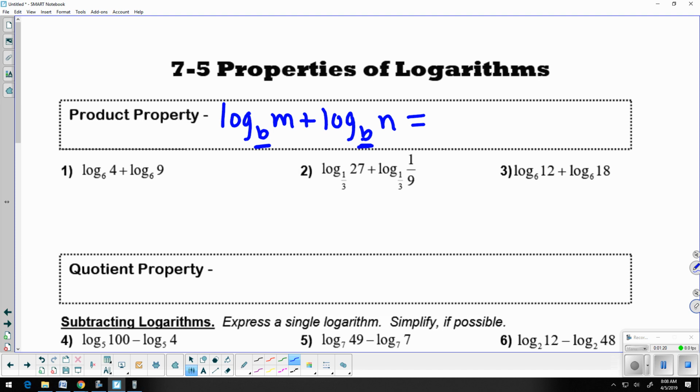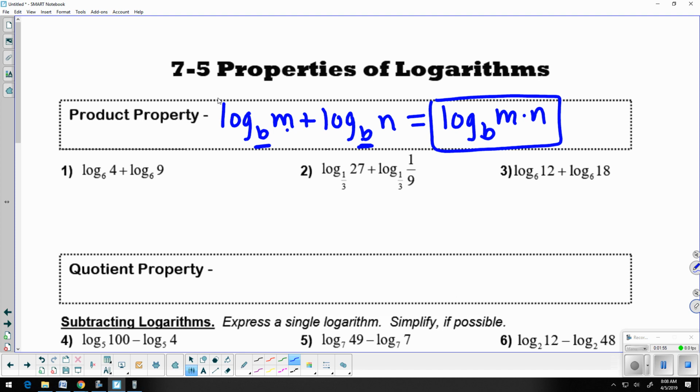As long as the bases are the same, you keep the log base b, but you multiply m times n together. Whatever these two values are, you just multiply them, and that's your solution. Then simplify the logarithm if you can.